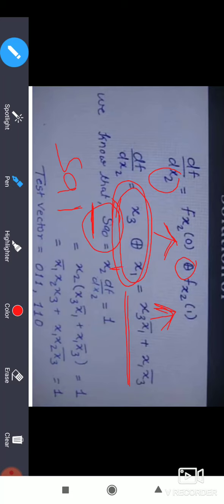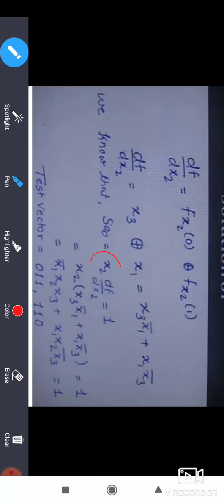Here only stuck at 0, so x2 into df by dx2 equal to 1 formula. x2 into this term, x2 into this term, we will expand this and get the terms.